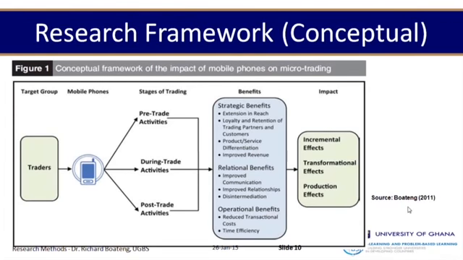So the author said that a trader will adopt a mobile phone, and after adopting it, use it in 3 ways: in pre-trade activities, during trade activities, and post-trade activities. And it will generate 3 types of benefits: strategic benefits, relational benefits, and operational benefits, and lead to 3 types of impact: incremental effects, transformational effects, and production effects.